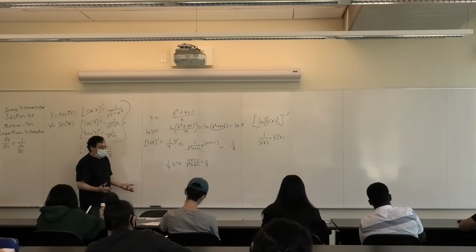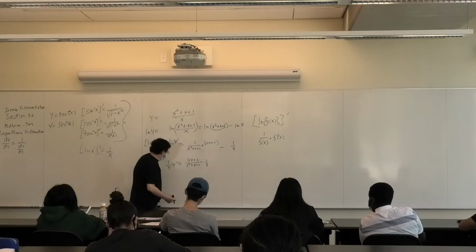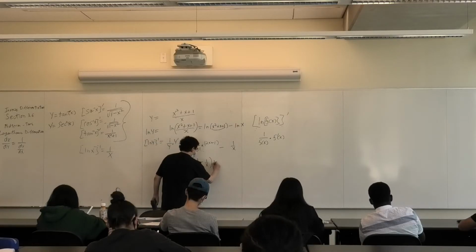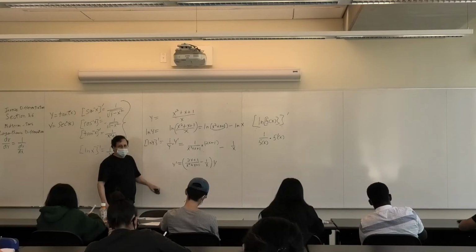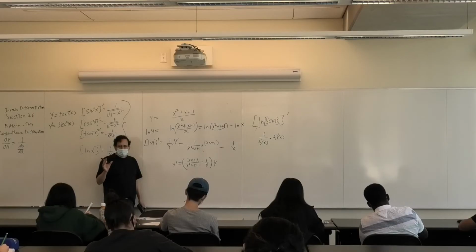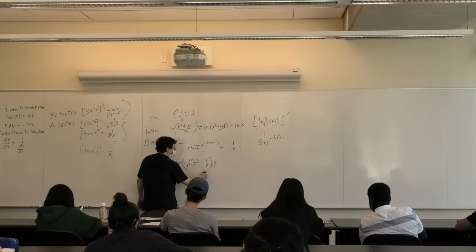Well, what I want to do here now is I want to multiply through by y. That's my derivative. But I'm not quite done, because I really want this whole thing in terms of x.